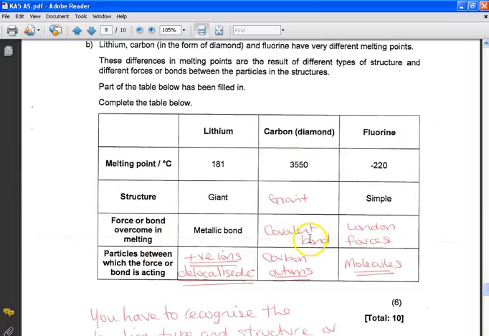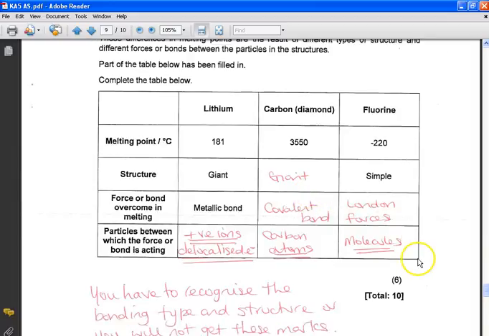You should know that it's got covalent bonds between all the carbon atoms. Fluorine, of course, is a molecule, and they don't have different electronegativities. If you've got 2 fluorine atoms joined together to form a molecule, you're only going to have London forces between them. So very straightforward 3 answers there.